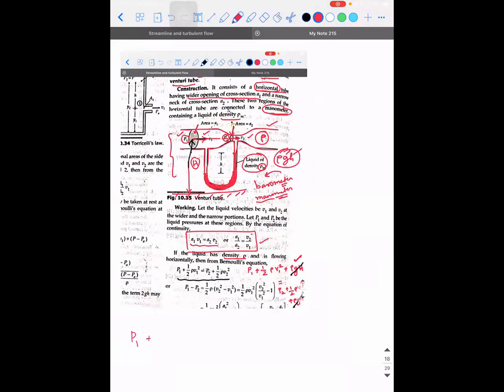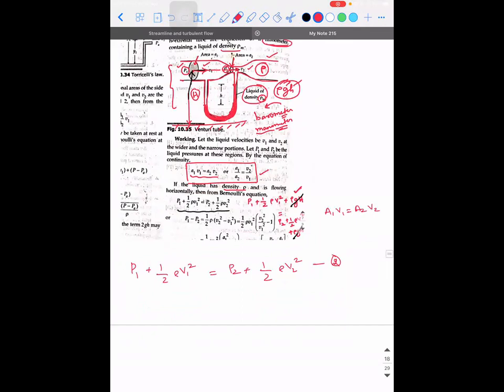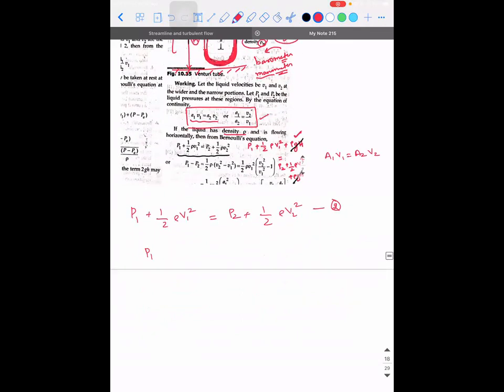P1 plus half rho V1 square is equal to P2 plus half rho V2 square. Let this be equation number 2. And we already know A1 V1 is equal to A2 V2, right? So P1 minus P2 is equal to half into rho into V2 square minus V1 square. Accepted?